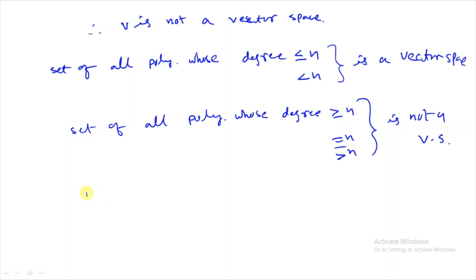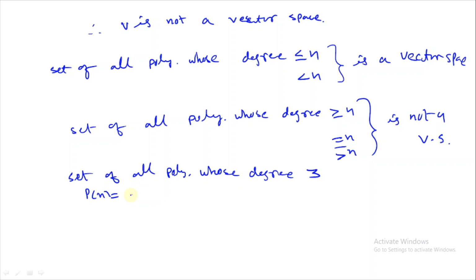Suppose the set of all polynomials whose degree is exactly 3. Take p of x equal to x cube plus 3x square plus 5x, whose degree is 3.